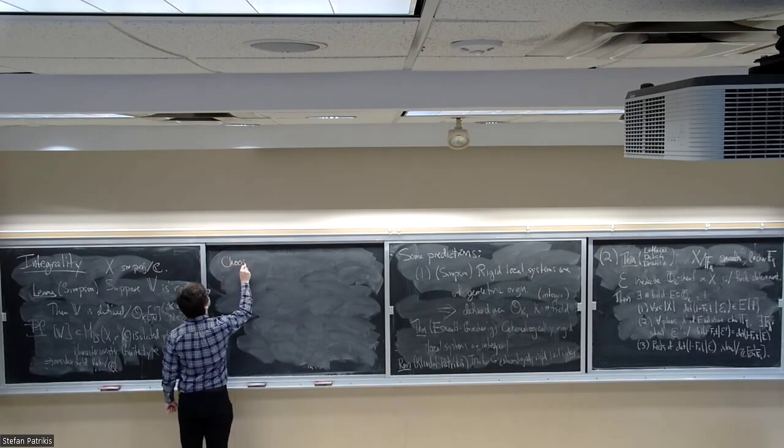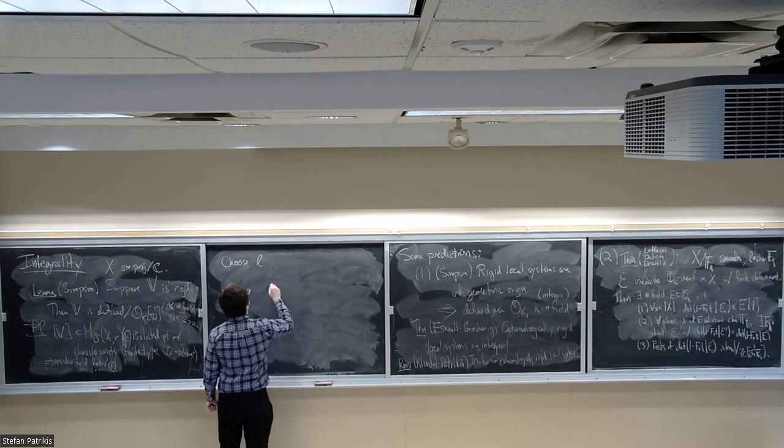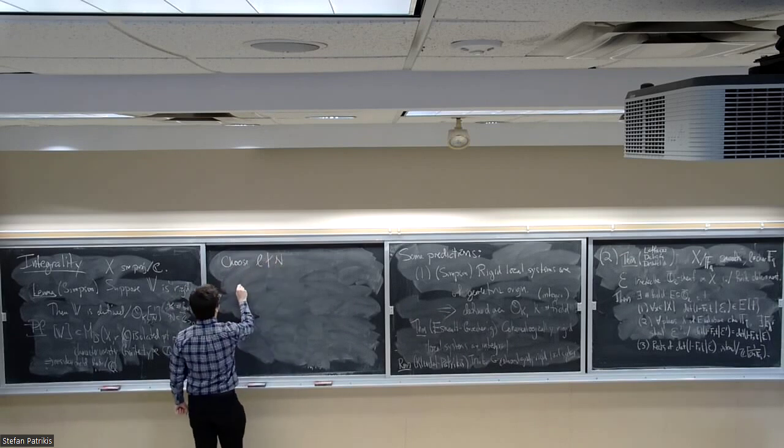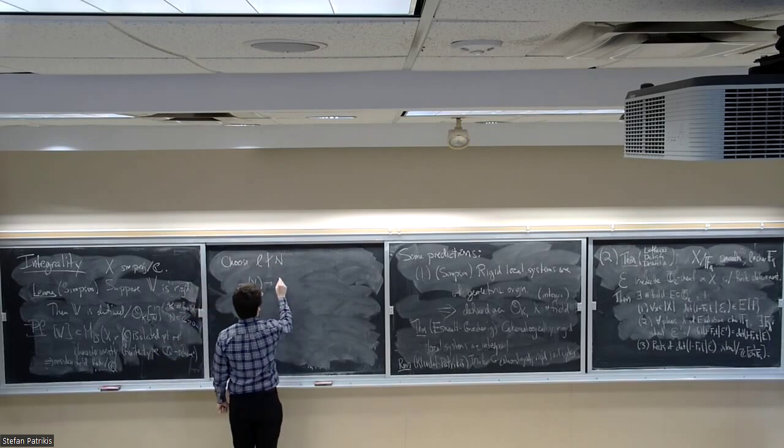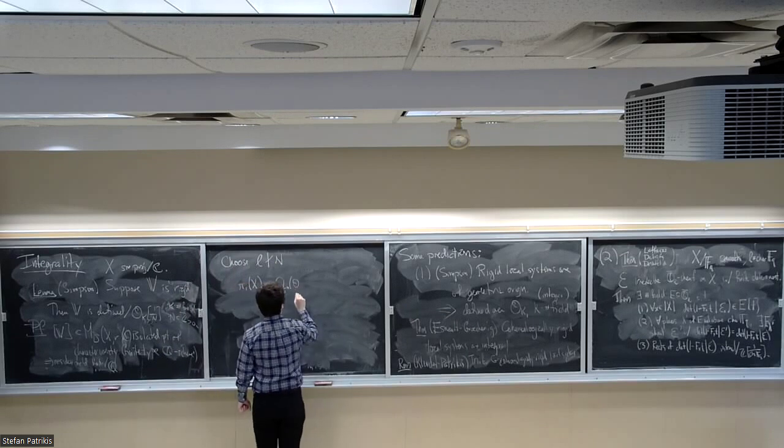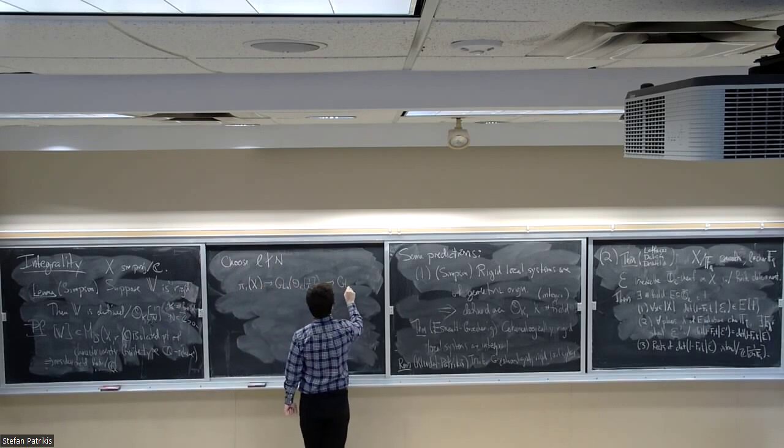Let's choose l which does not divide n, and then we have our representation pi1(X) to GL_n of Z[1/n], and then we can l-adically complete.